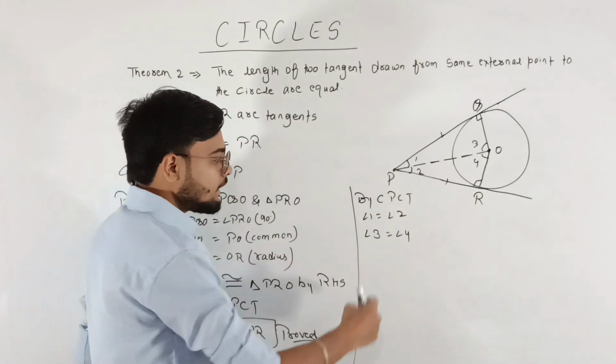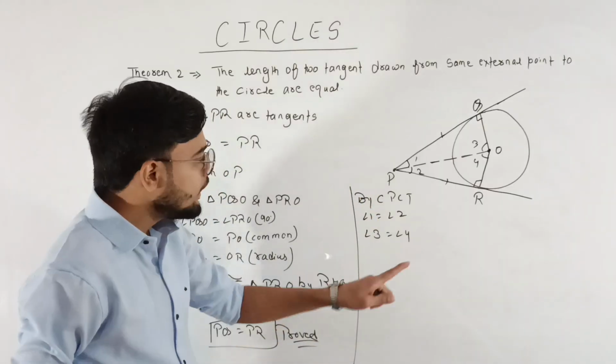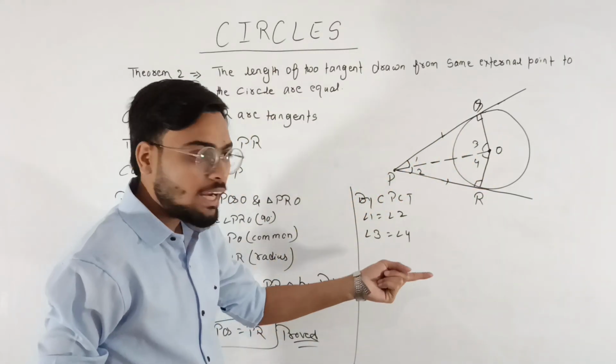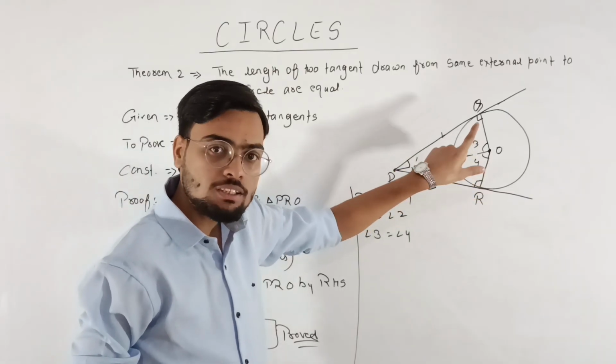Now look, if I write this as a statement, what do I write? A line joining the external point and the center of a circle bisects the angle between the external point and the center of the circle.